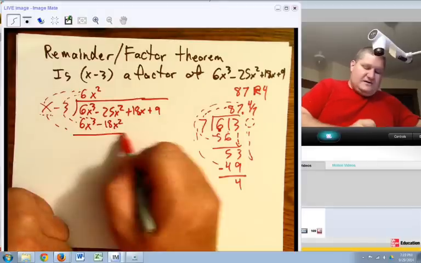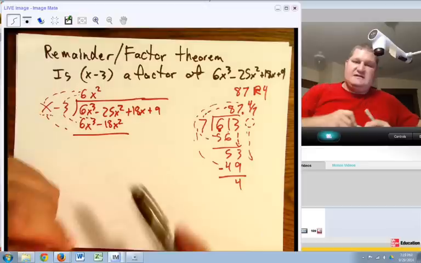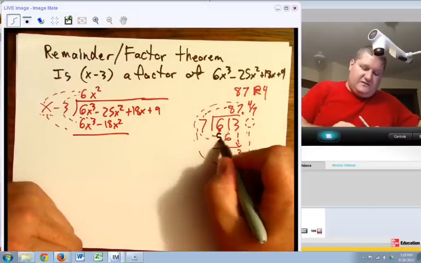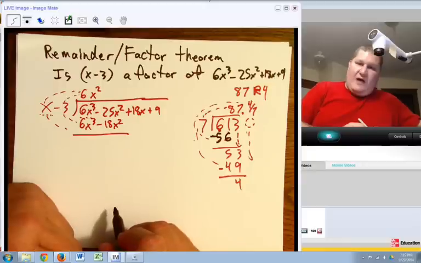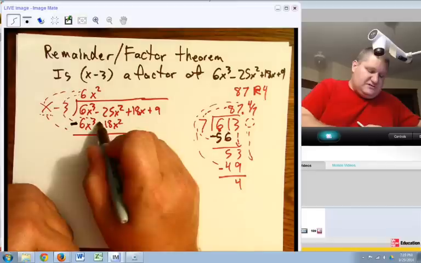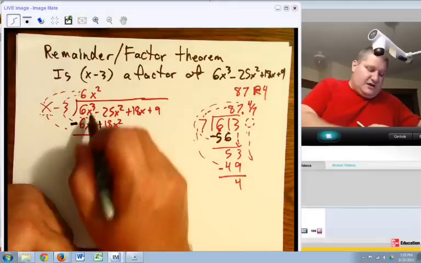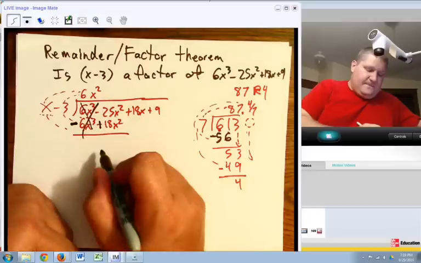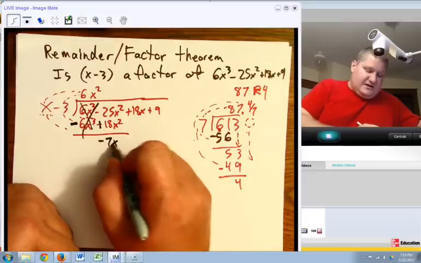With that, I now do just as I did over here. Instead of positive 56, we said subtract. Well, a better way to think of it is switch the signs. But if I'm going to subtract the whole thing, I'm not just going to switch one side. I have to switch both signs. So that's gone. And this makes negative 7x squared.